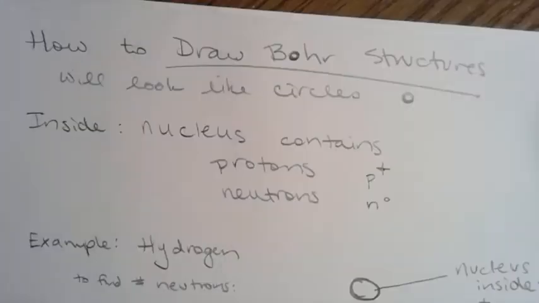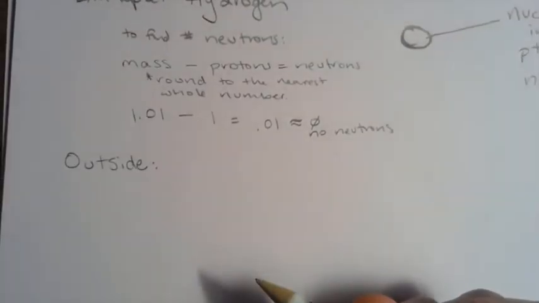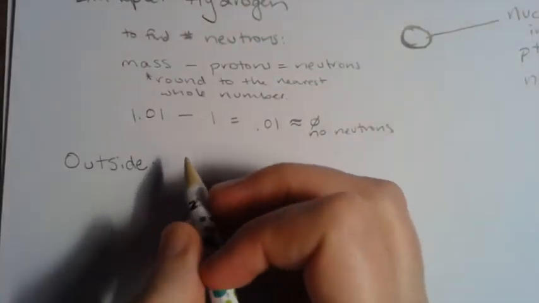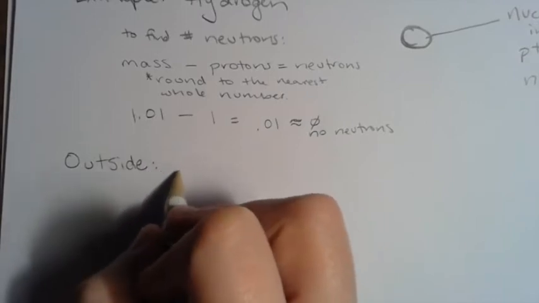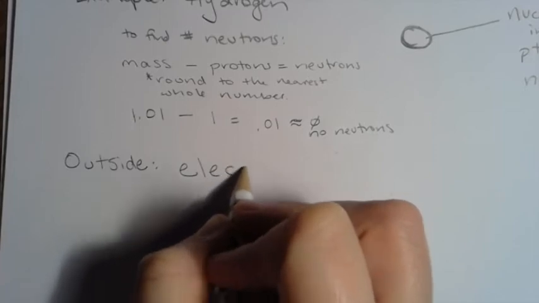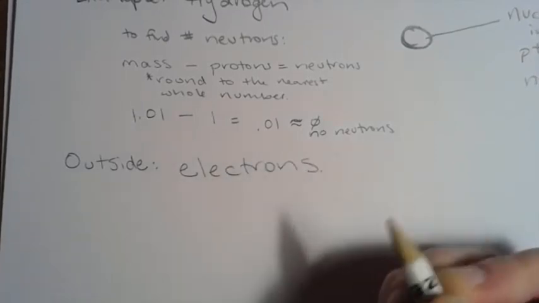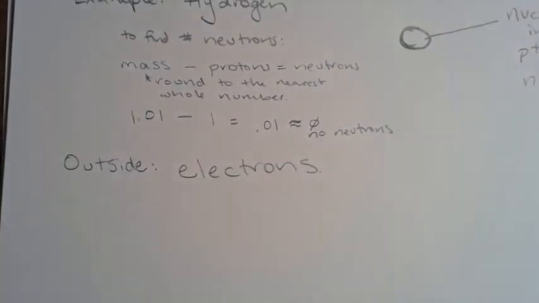Alright, so on the outside, we have the electrons. Outside gets electrons. And you may remember that Bohr structures look like circles.